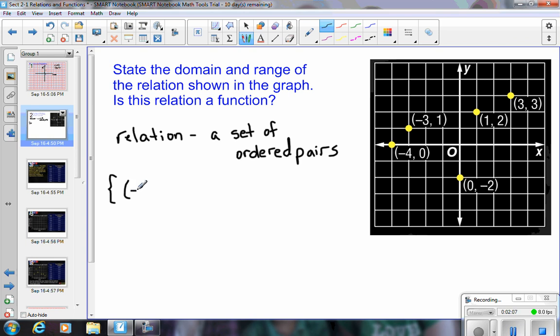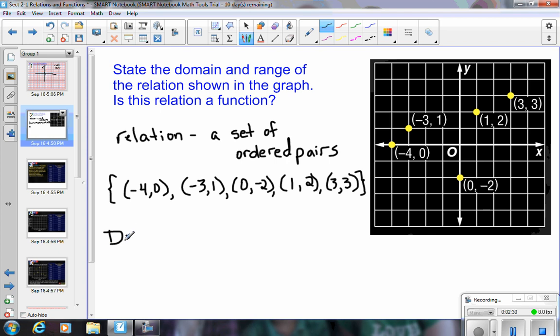So we have (-4, 0), (-3, 1), (0, -2), (1, 2), and (3, 3). This is a relation.